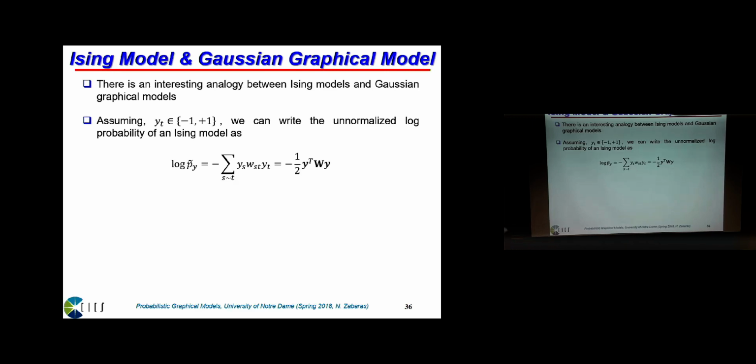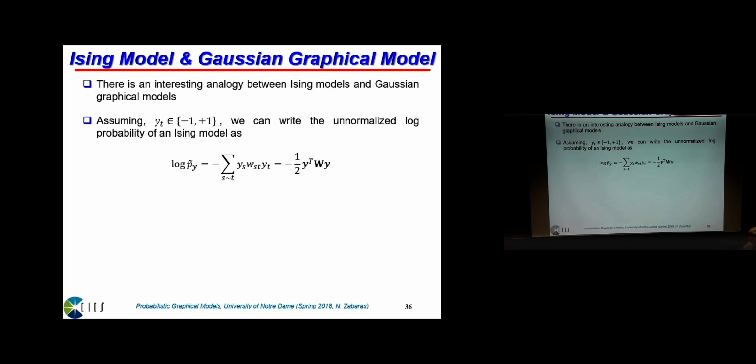So if I take the Ising model pairwise potentials, I can write this as this. So the log of my distribution is minus the summation of these terms. Remember before I had e to the w or e to the minus w, I still have the same thing because these y variables are plus minus 1, okay?